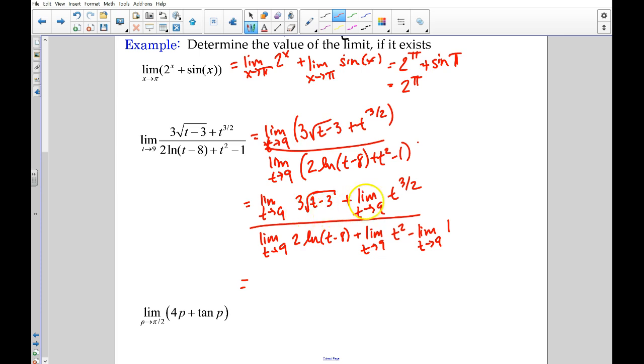Lastly I'm going to evaluate all this. Everything that I have here, these limits are all of continuous functions, and 9 is in the domain of all of these, so I can use the direct substitution property right off the bat.